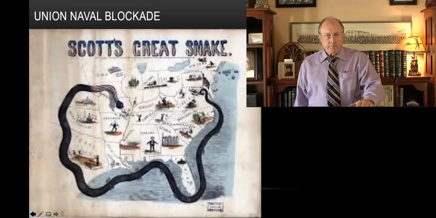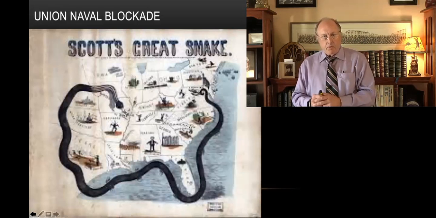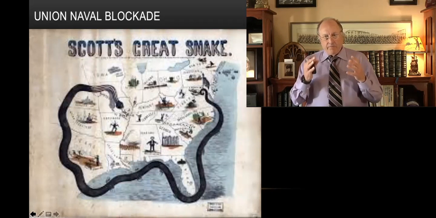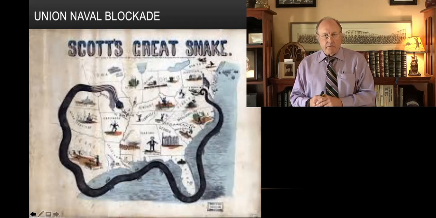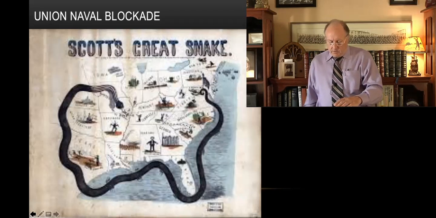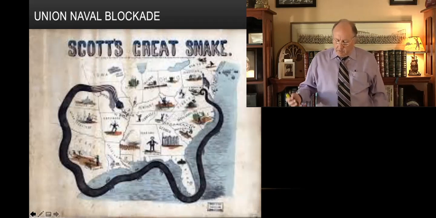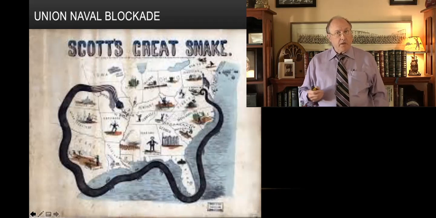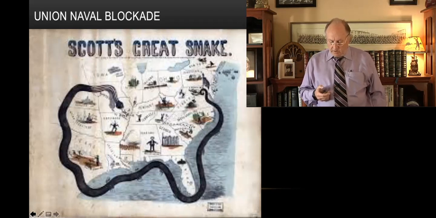Blockade. Here is a PowerPoint of the anaconda snake, the big black line of the attempt on the part of the Union Navy to starve, crush the South with blockade. With each passing month, more Union ships were added to the flotilla that had created the blockade. So with each passing month, the blockade becomes more and more effective.